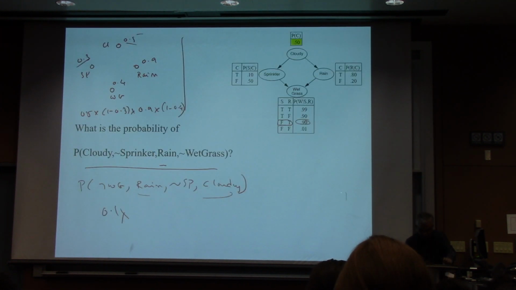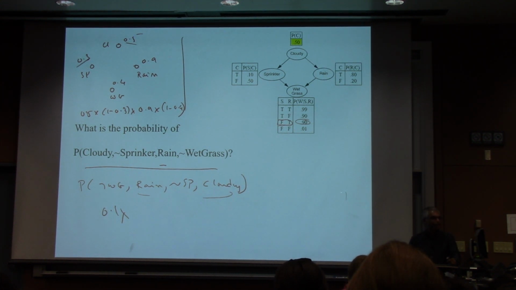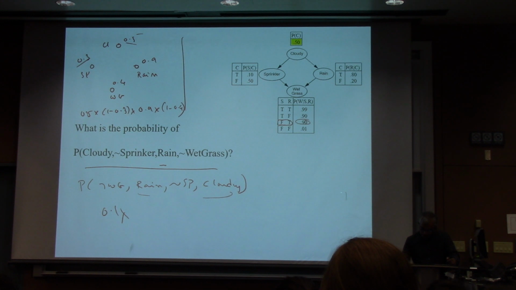Then similarly, rain given everything will be just rain given cloudy. If cloudy is true, rain is 0.8.